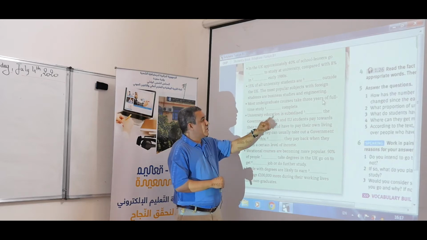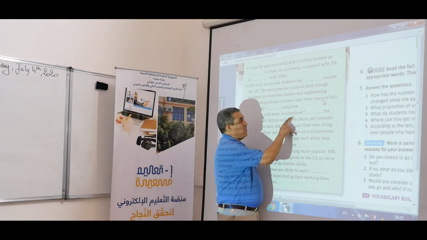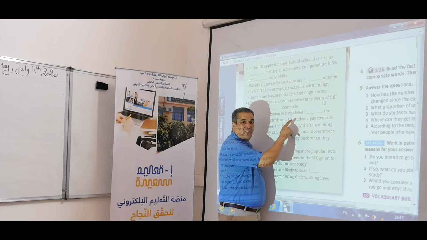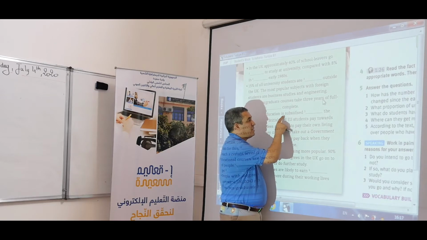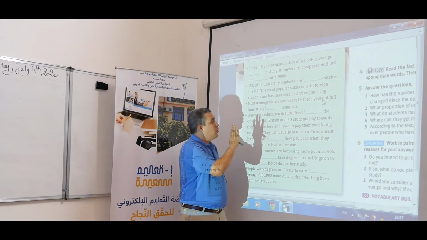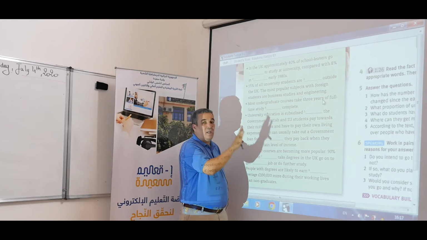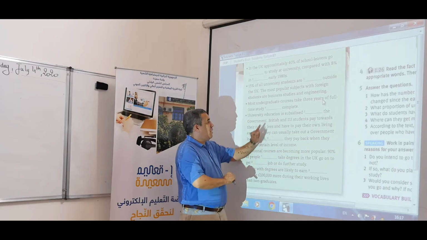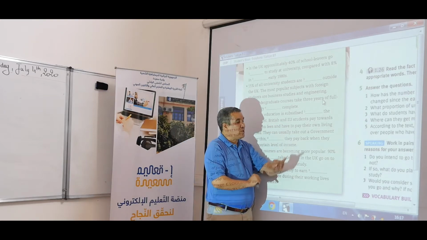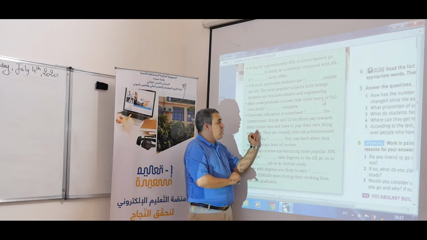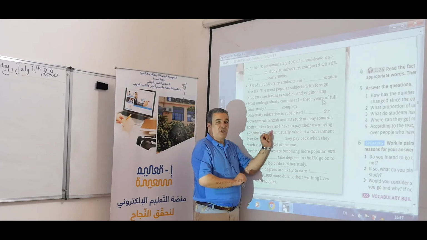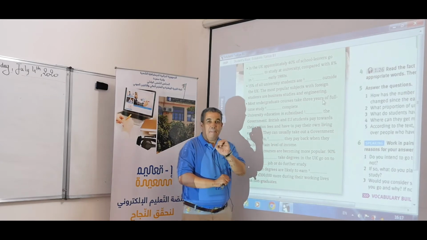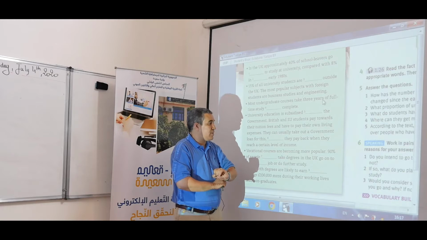Now, university education is subsidized. To subsidize means to fund, to give money. So university education is funded by the UK government or the English government. British and European Union students pay towards their tuition fees, and tuition fees is the money that students have to pay to university.